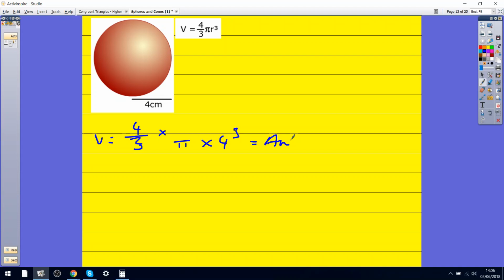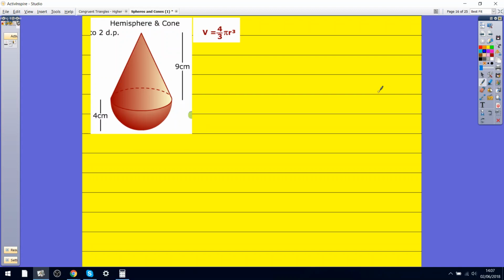Okay, how about this? Total volume. Any idea what the radius would be?